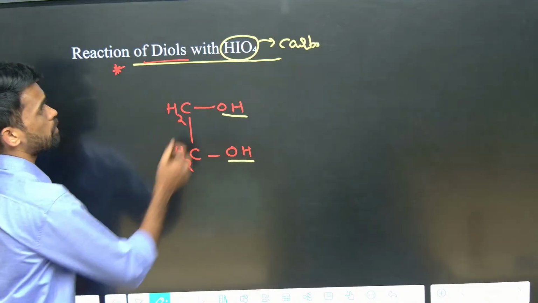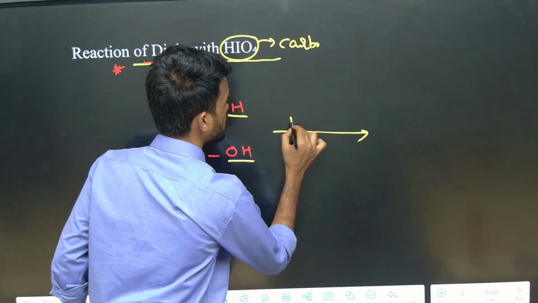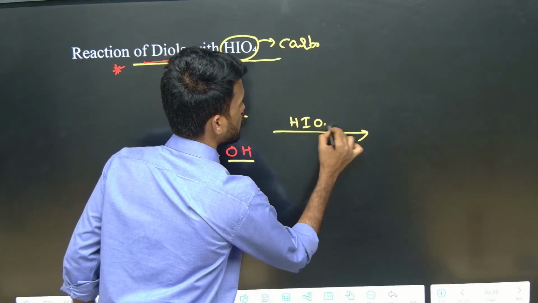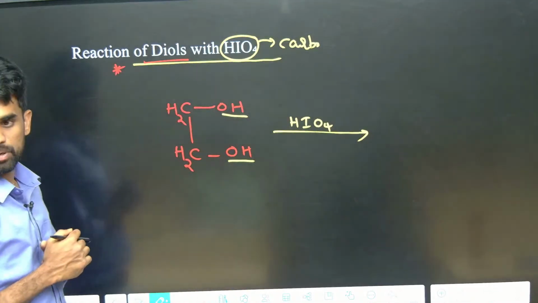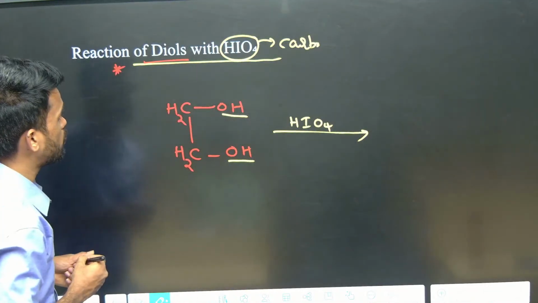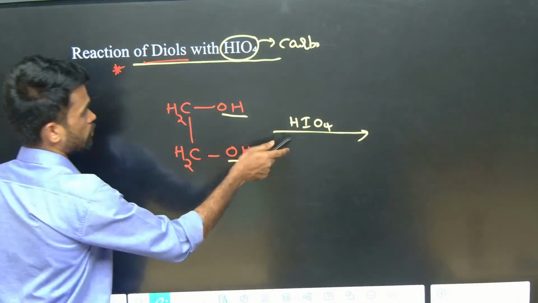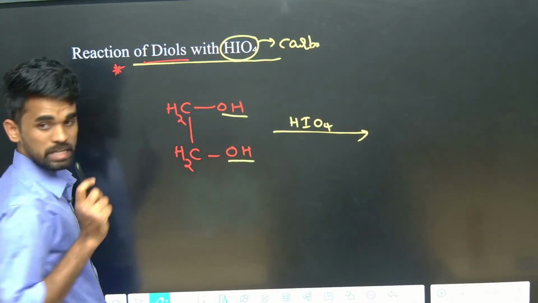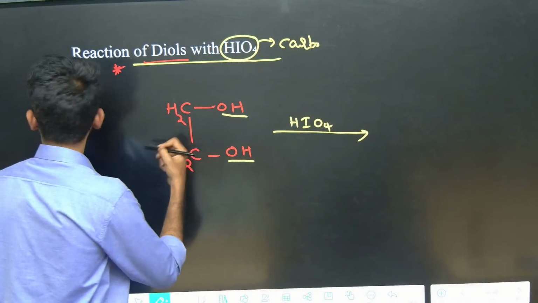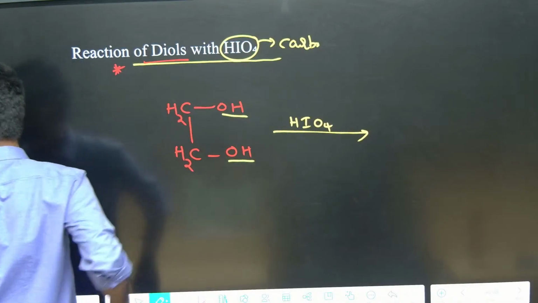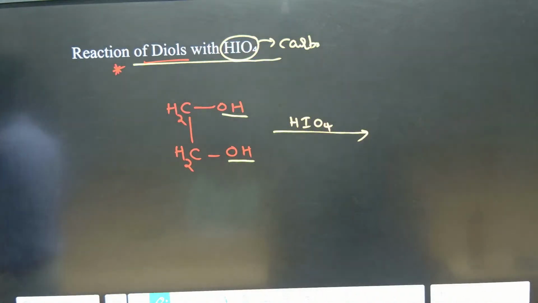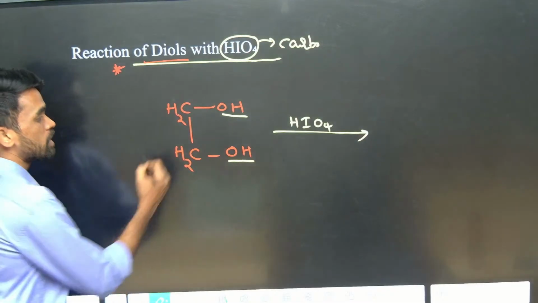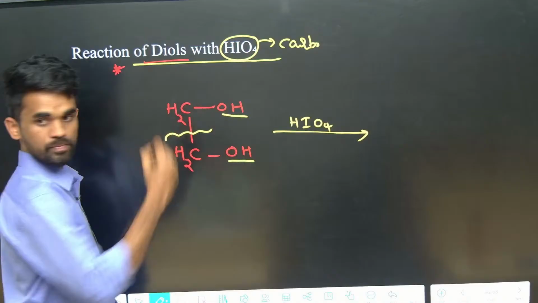So now what happens with HIO4? HIO4 will break this compound. Wherever you have OH-group-containing carbons, break that bond like this.